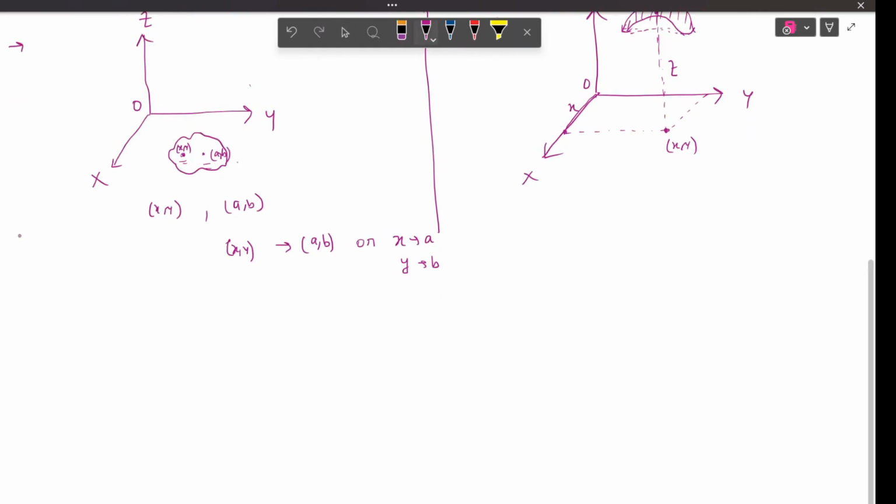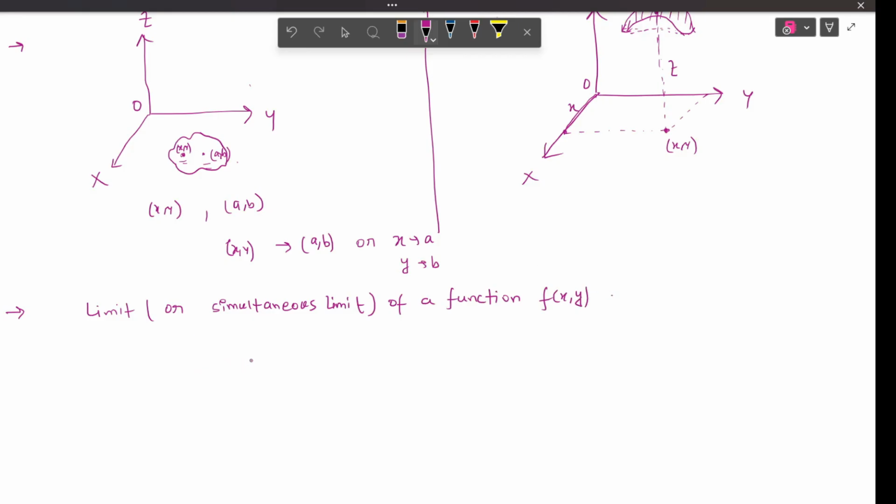So let us see the limit, or simultaneous limit, of a function f of x comma y.